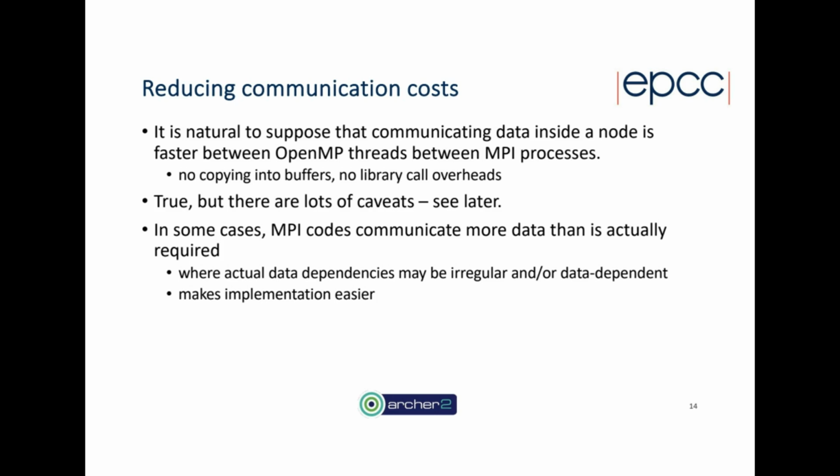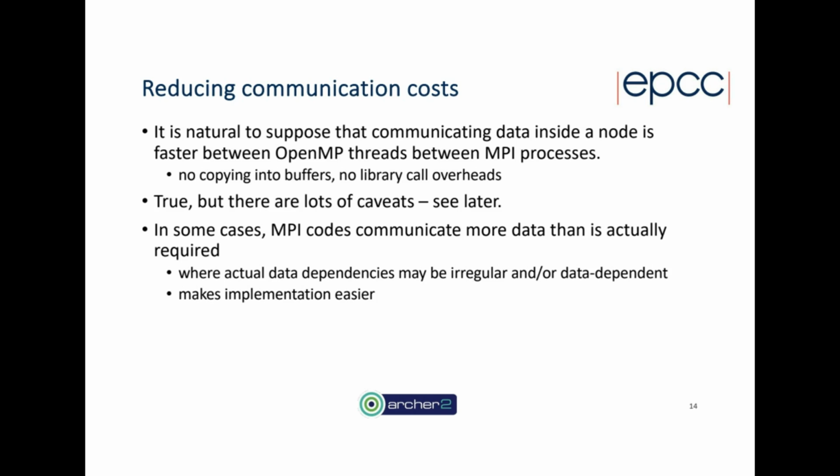However, in some cases, MPI codes communicate more data than is actually required, and this happens where the actual data dependencies are irregular or data dependent. Whether your neighboring process really needs this value depends on the value of the data, for example on the position of a particle.